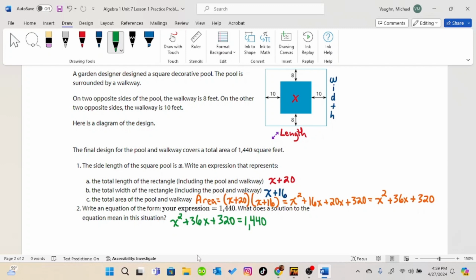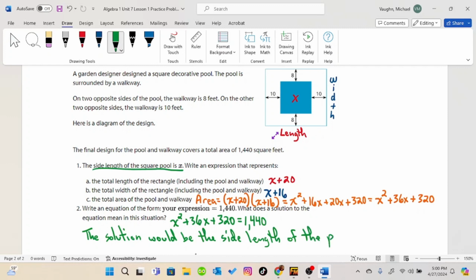A solution would be the value of x. And we said that the side length of the square pool is x. So the solution would be the side length of the pool.